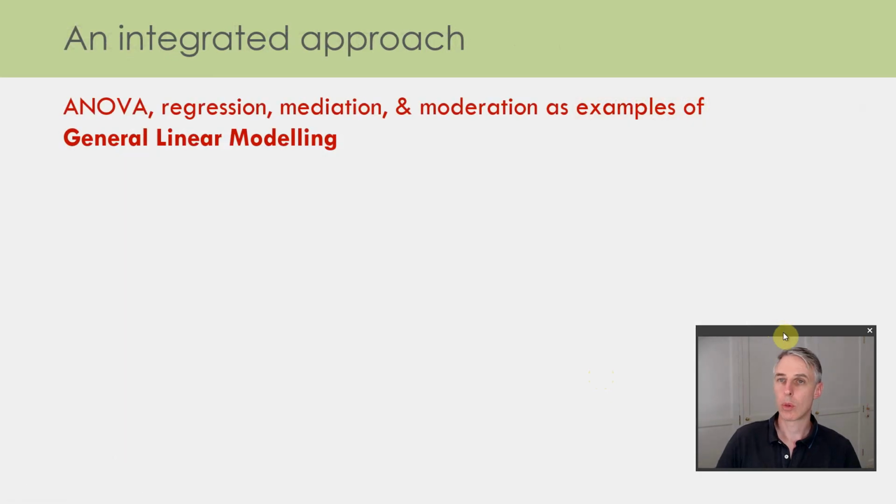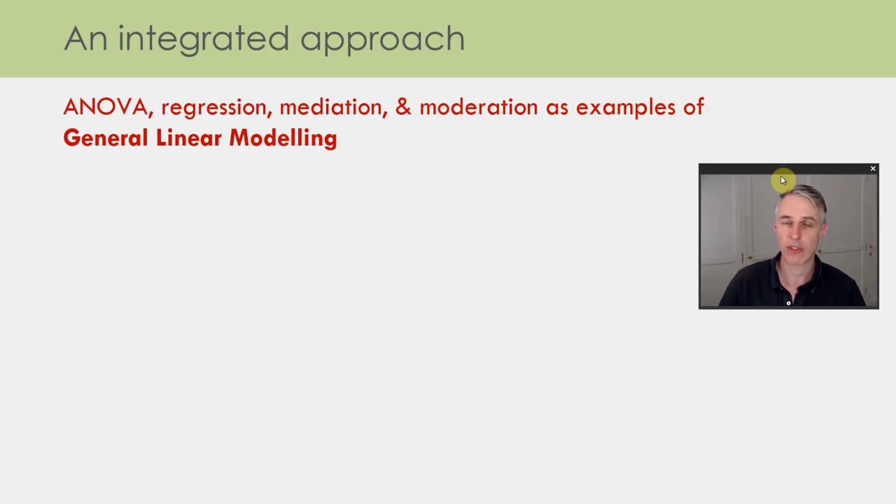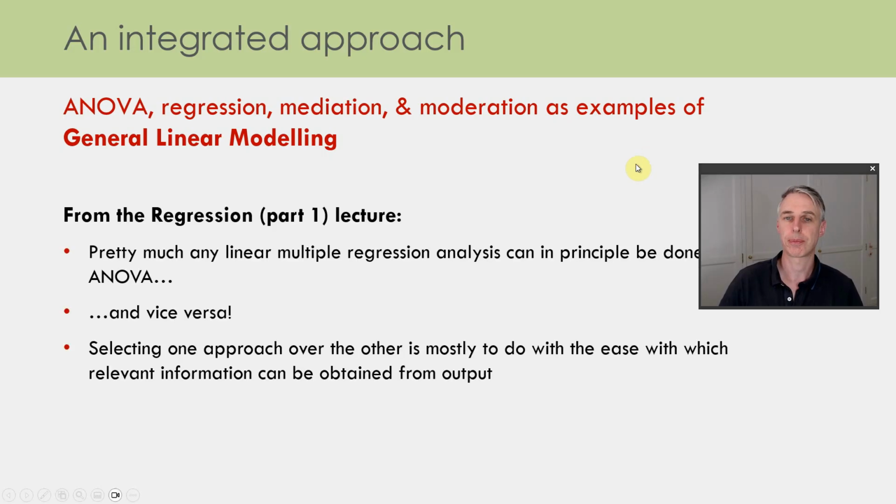So that is a more integrated, up-to-date way of approaching a test of an interaction effect, a moderation effect, when we have continuous predictors. Now, I just want to go back to something emphasized as a running thread throughout all of the sessions: all of the approaches we've talked about, analysis of variance, regression, mediation, moderation, are just different instantiations of a general linear modeling approach to testing our hypotheses.